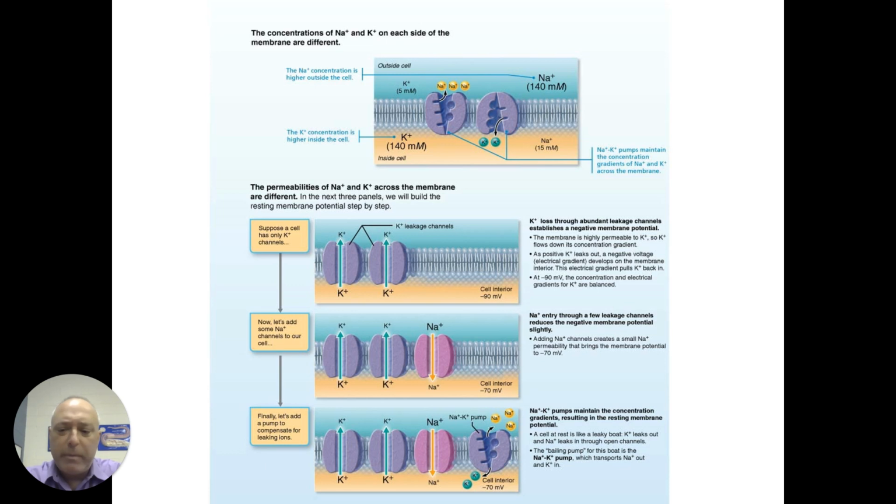Now, if you open your sodium channels, you will depolarize, which means you'll go from a negative 70 millivolts possibly all the way up to a positive 30 millivolts, because there's a strong driving force for sodium to enter the cells. There's not only a chemical driving force, but there's an electrical driving force.